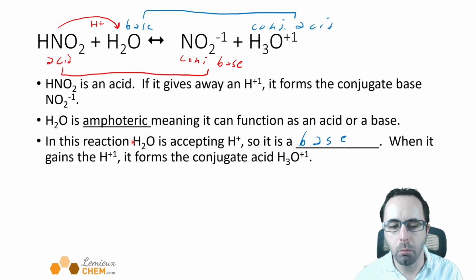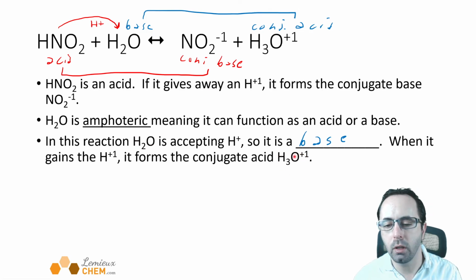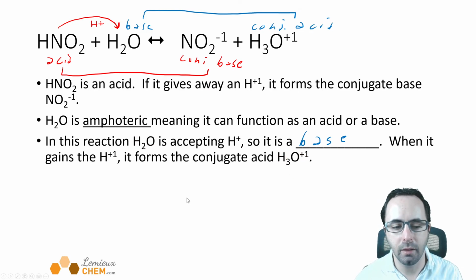It's what you get if you remove a proton from H3O+. And nitrous acid is a conjugate acid of nitrite ion. It's what you get if you add 1 H+ to nitrite ion. So we would say nitrous acid and nitrite ion are a conjugate acid-base pair. And water and hydronium are also a conjugate acid-base pair.